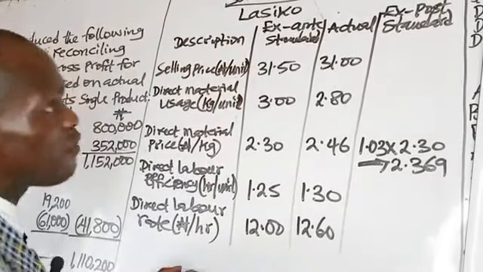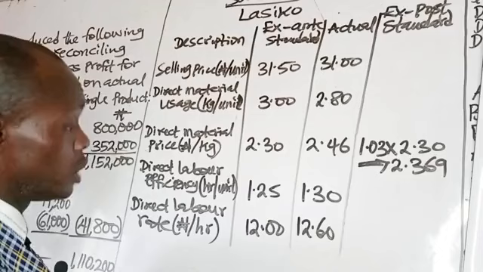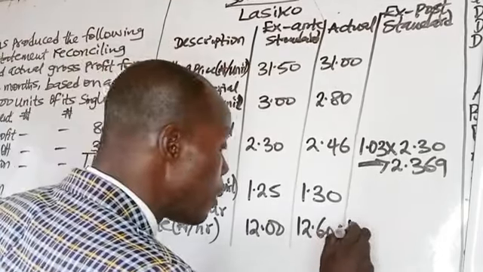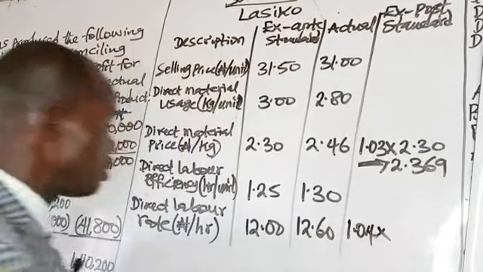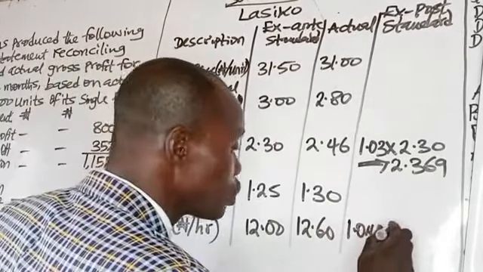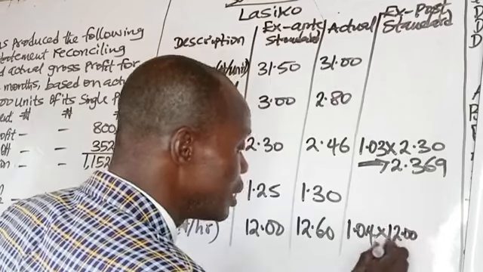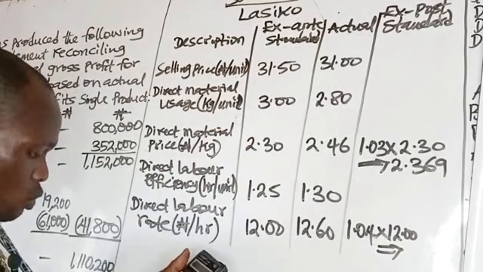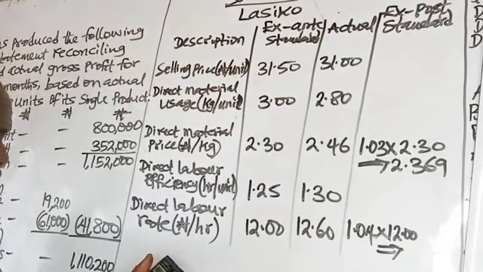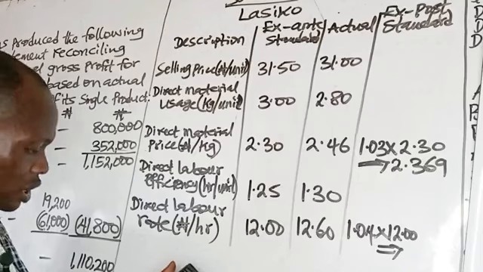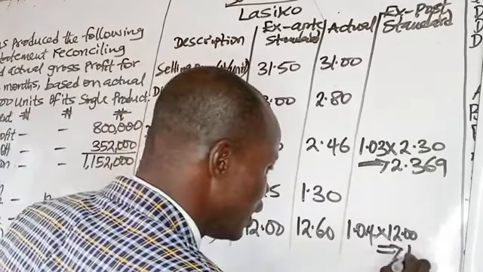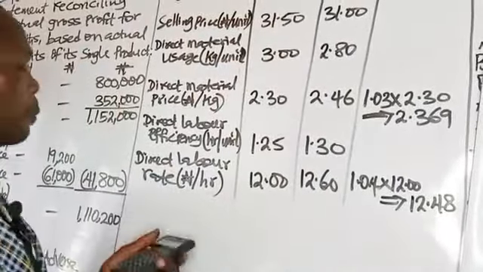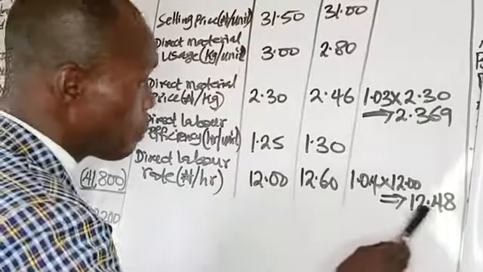If it increases by 4%, adding 4 to 100 gives 104, and 104 divided by 100 is 1.04, times 12 naira. That gives us 12.48. Therefore, the ex post direct labor rate is 12.48.